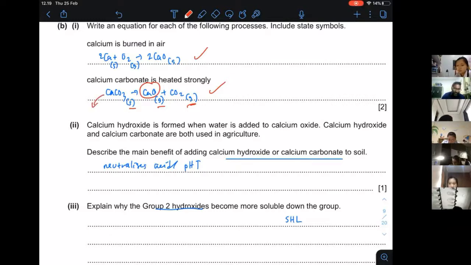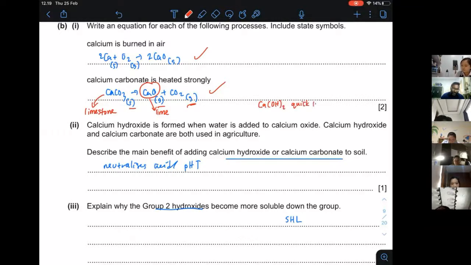Before I go further, calcium carbonate has another name: limestone. Calcium oxide is going to be lime. When you add lime with water, you are going to get quicklime. Calcium hydroxide is quicklime.